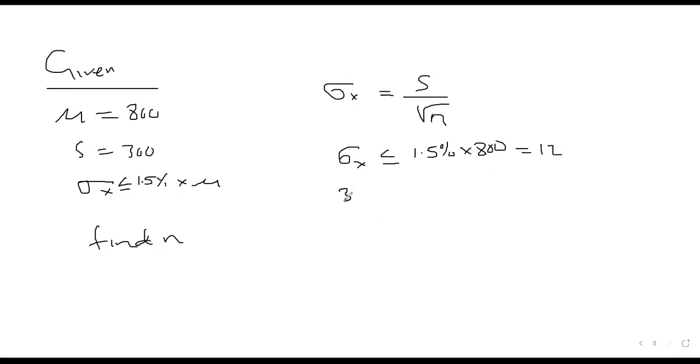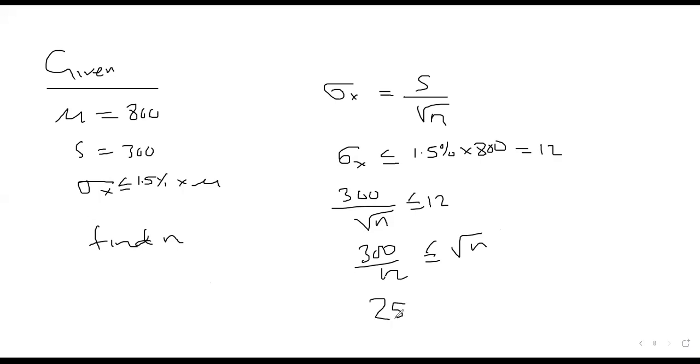Standard deviation is 300, over square root of n, equals 12. So we cross multiply, and root n will be 300 divided by 12, which gives us 25. To find n, we square both sides. So n therefore will be 25 squared, which is 625.